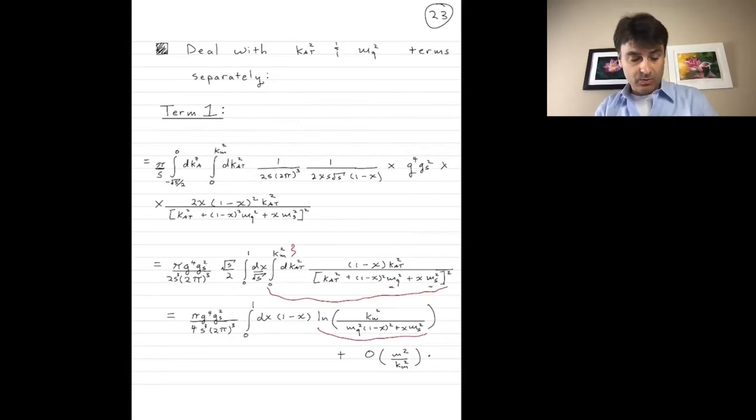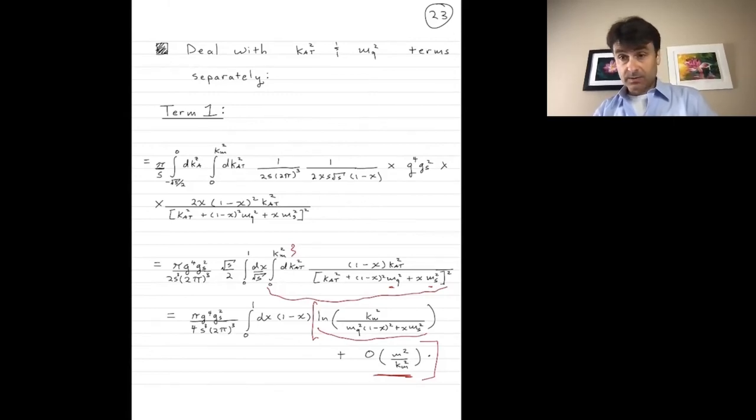So in other words, only if you're allowed to neglect terms that fall off like m squared over Km squared. To get units right, maybe I should put parentheses here, but hopefully you can see what I mean. So go ahead and do that.